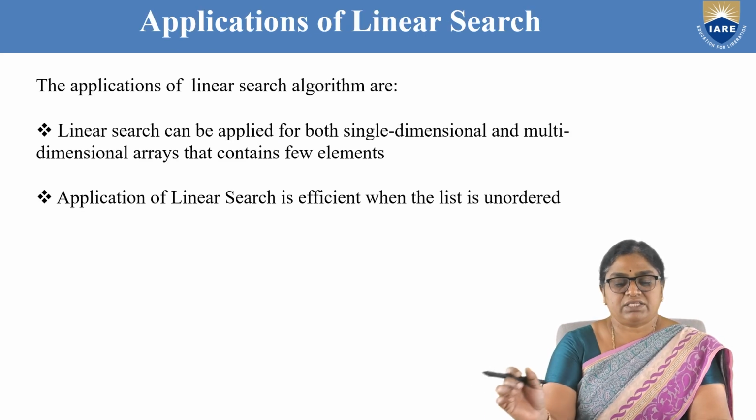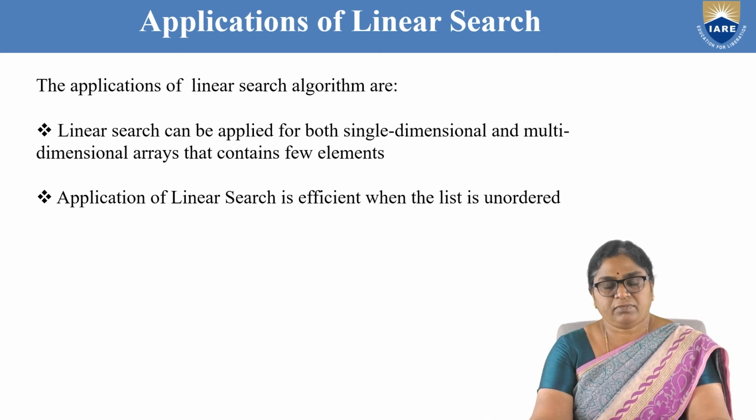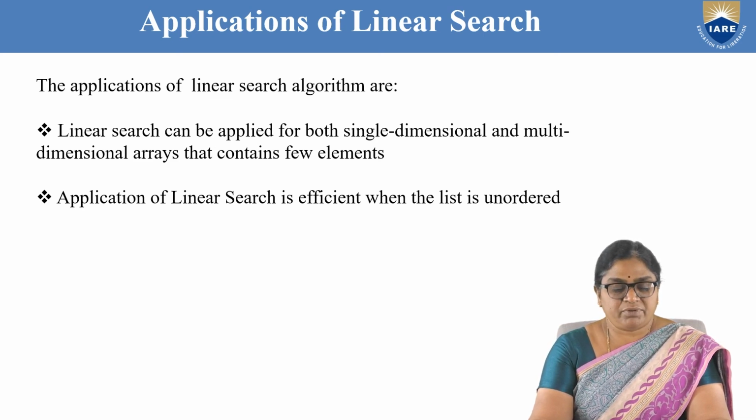What are the applications of linear search? Where do we use this linear search algorithm? Linear search can be applied for both single dimensional and two-dimensional arrays that contain few elements. When the list is finite, when few elements are there, then we can apply linear search.